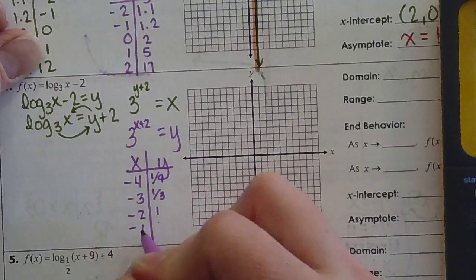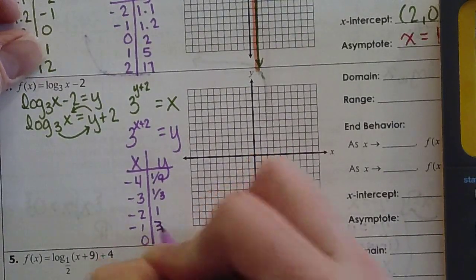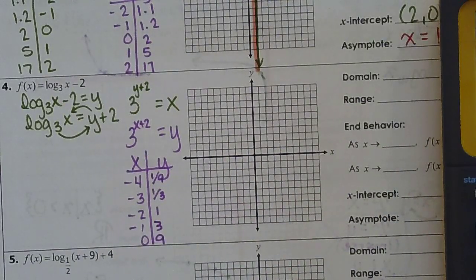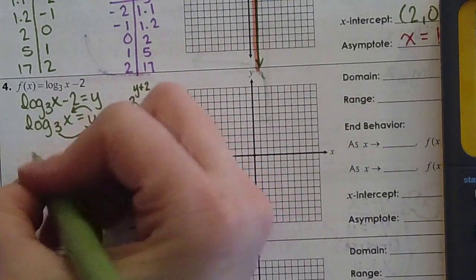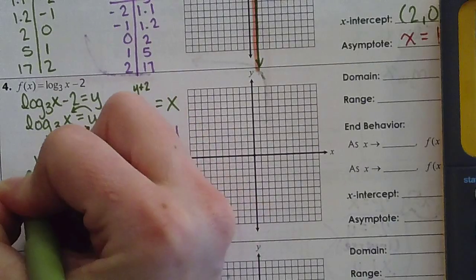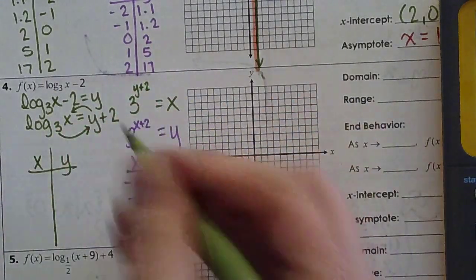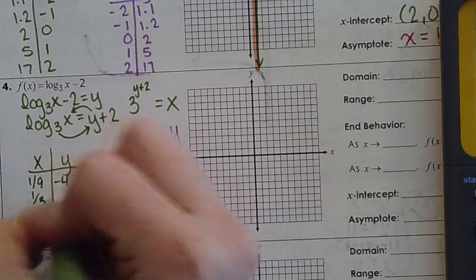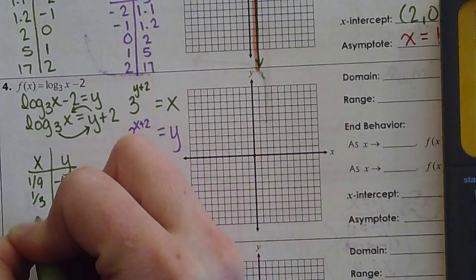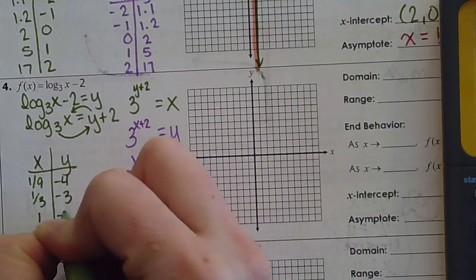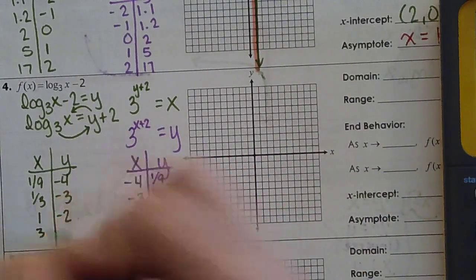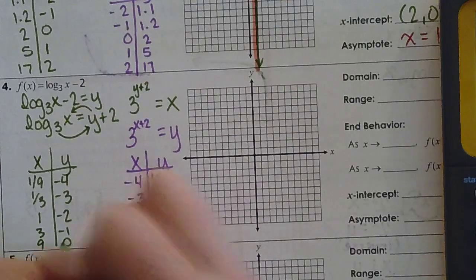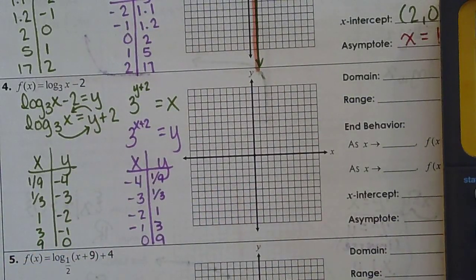Now we'll flip our points so that we have the values for our actual function. Okay, and graph.